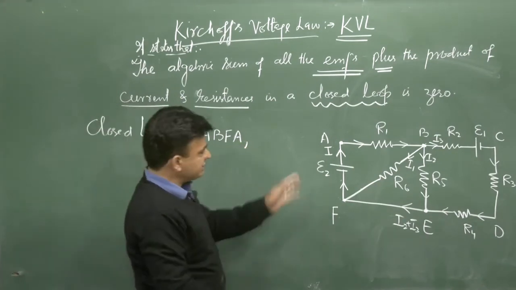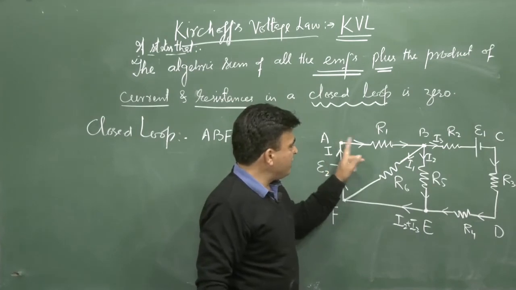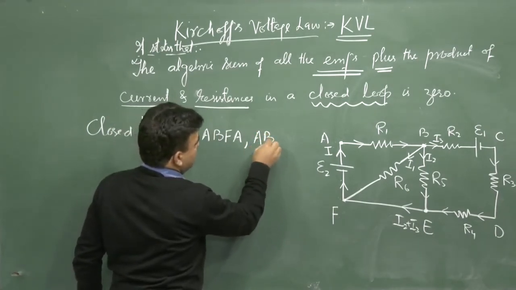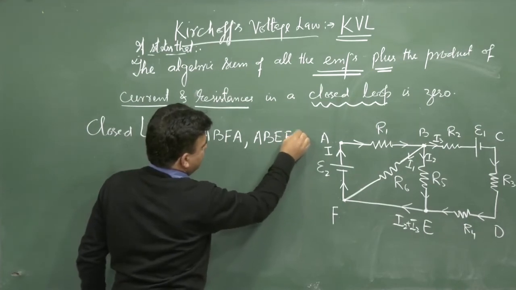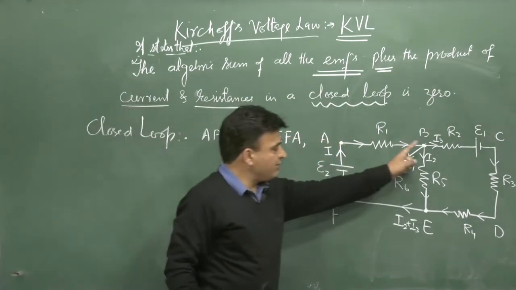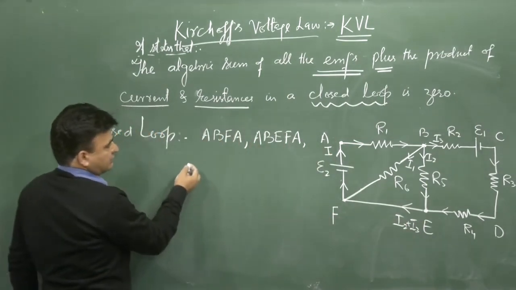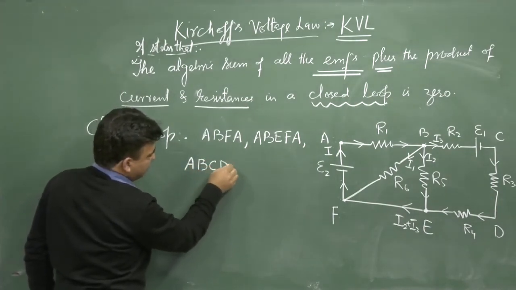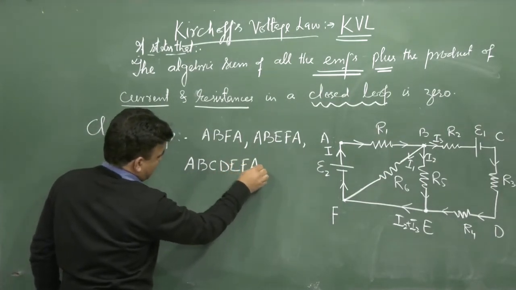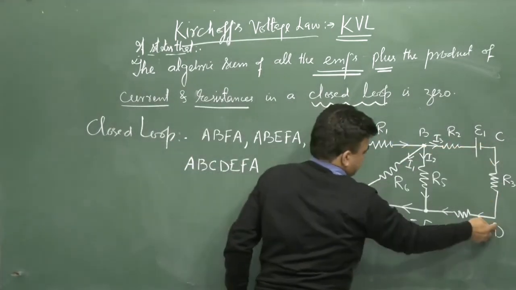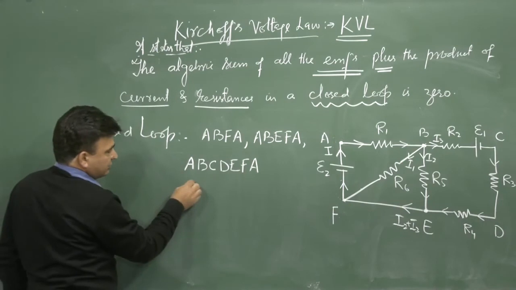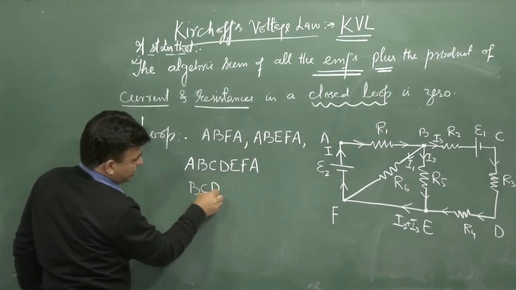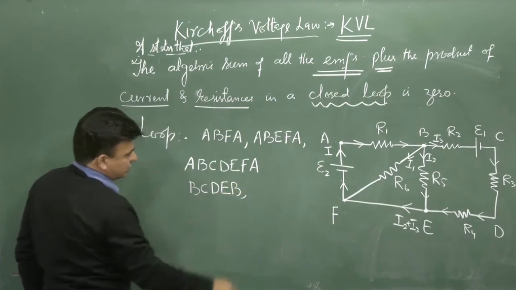The next loop: let us again start from A. One can go from A to B, B to E, E to F, F to A. So this is also a loop, A, B, E, F, A. Again, start from A, go along B, then to C, then to D, then to E, then to F, then to A. This is also a loop, A, B, C, D, E, F, A. You can have a loop like this also, from B to C to D to E to B. This is also a closed loop.